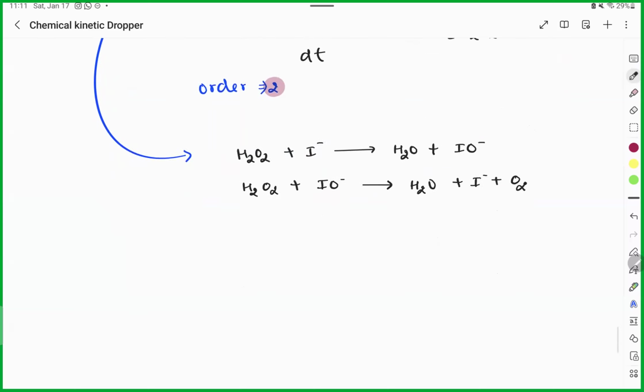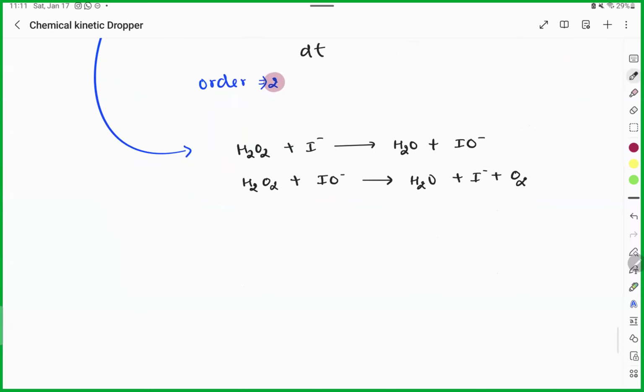So based on this reaction, you can say the molecularity of both these steps is 2.